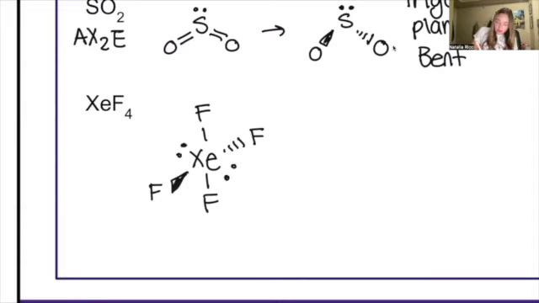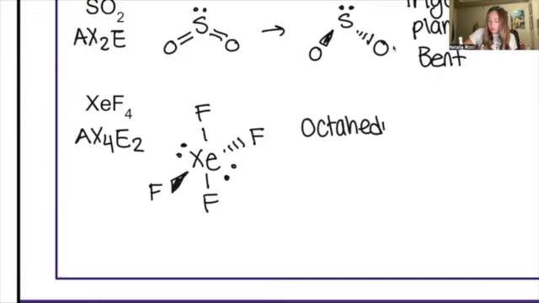We'll relate it back: AX4E2, E2 for those 2 lone pairs. Now we count 1, 2, 3, 4, 5, 6 groups, so we know we're dealing with octahedral geometry. But those two lone pairs also, note, are farther away from each other. We know that the shape is square planar.